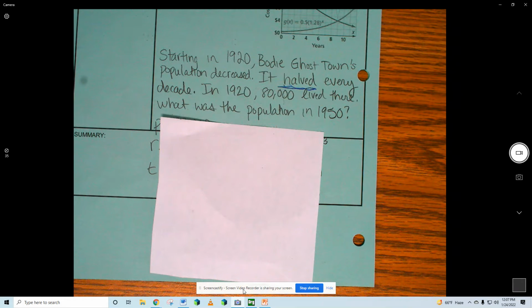It halved. It's a ghost town in the desert, in the mountains. It halved every decade, so it just decreased by a half every decade. In 1920, 80,000 people lived there. So that's a start, right? What was the population in 1950?